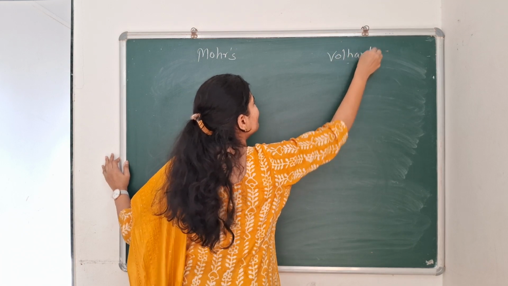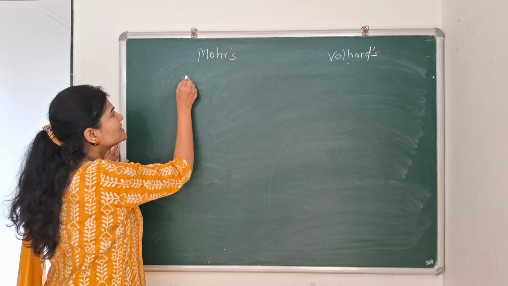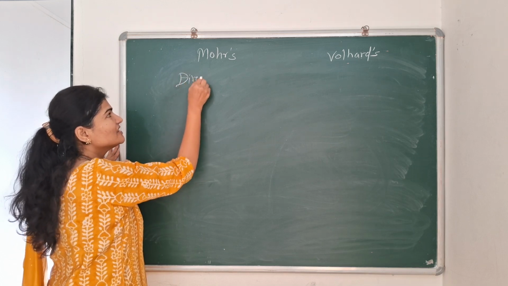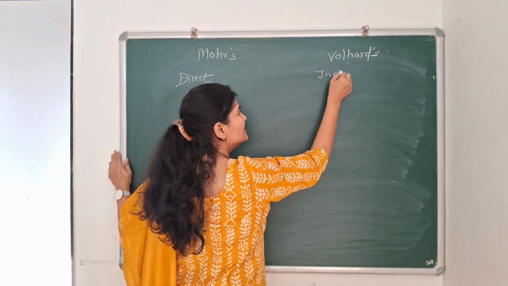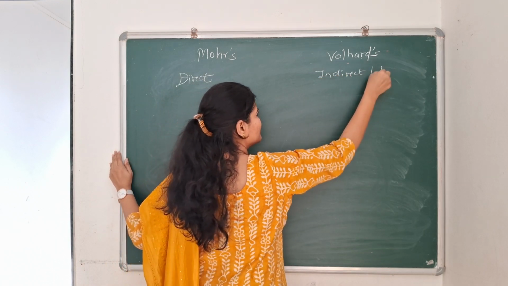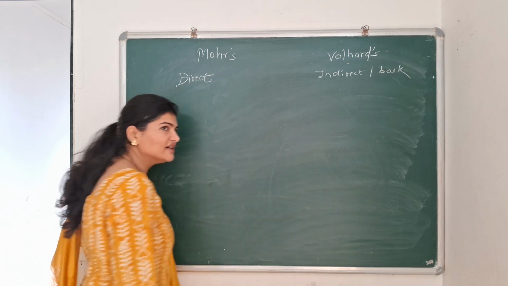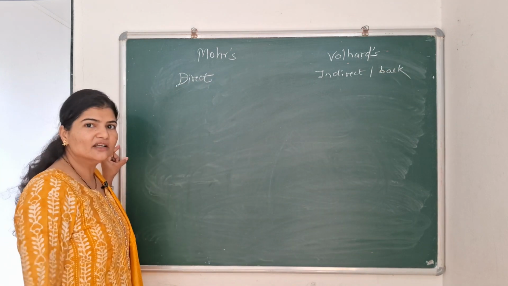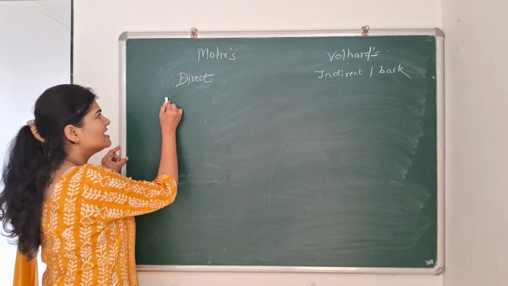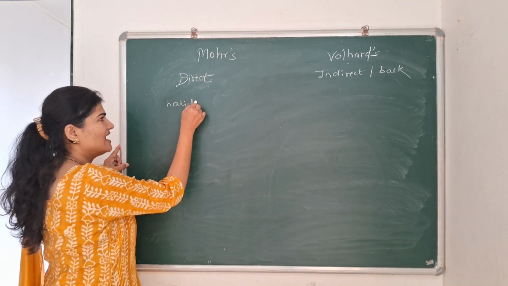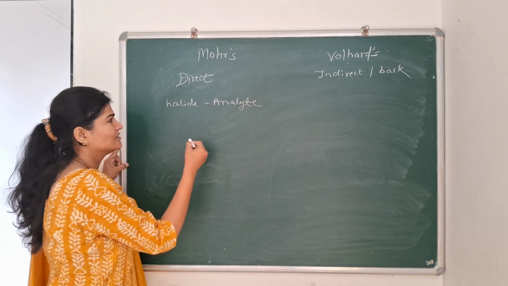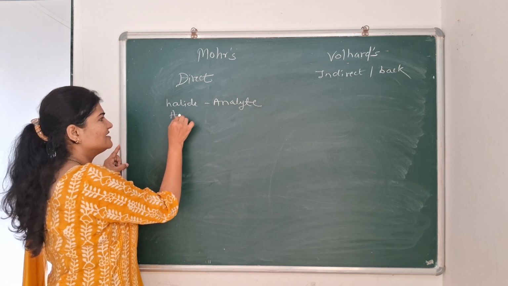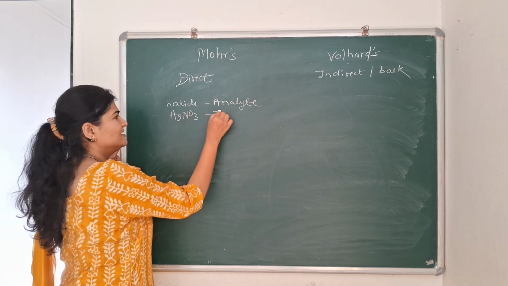The first and obvious difference is that Mohr's method is a direct method of titration, whereas Volhard's method is an indirect method, or you can say a back titration method. In Mohr's method, what is our analyte? Halide ions are our analyte and silver nitrate is our titrant.